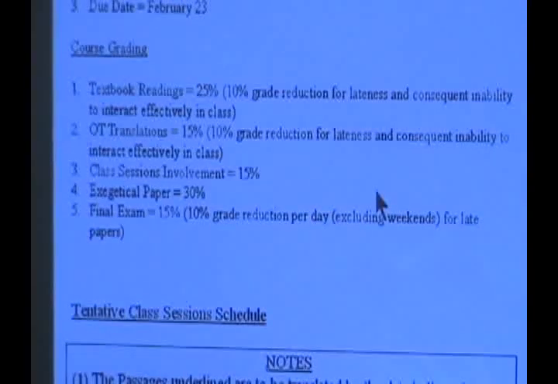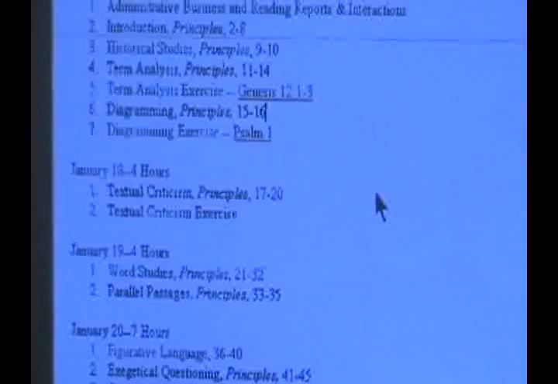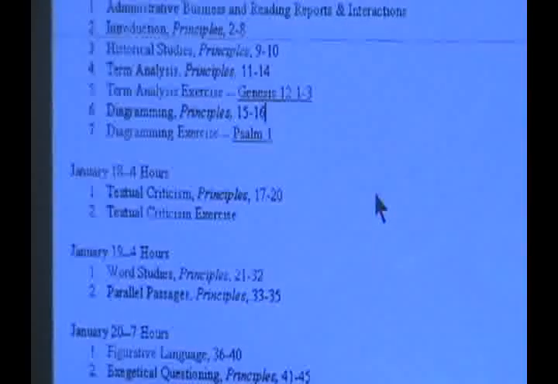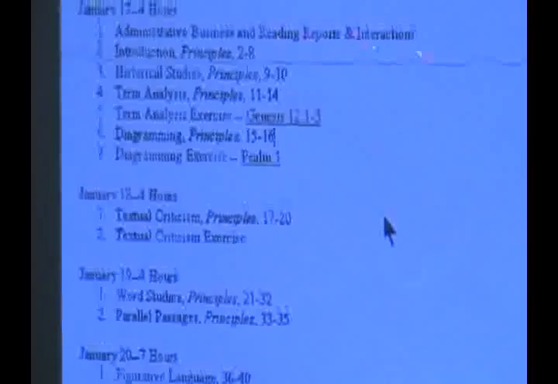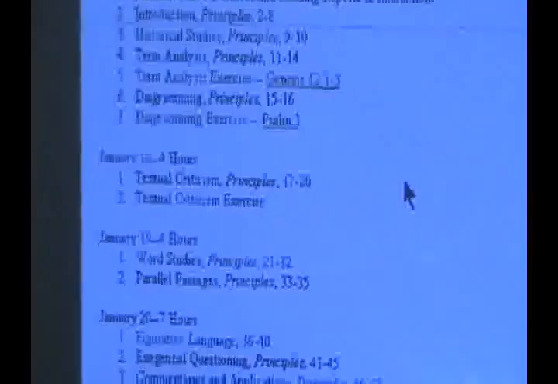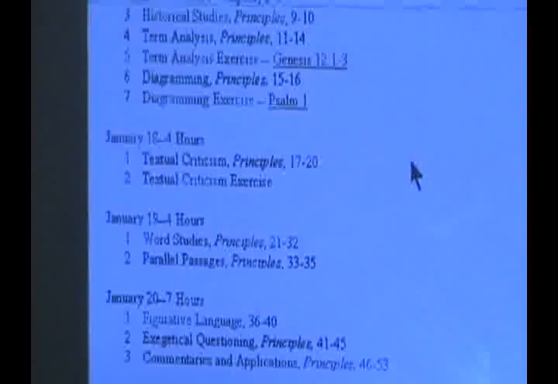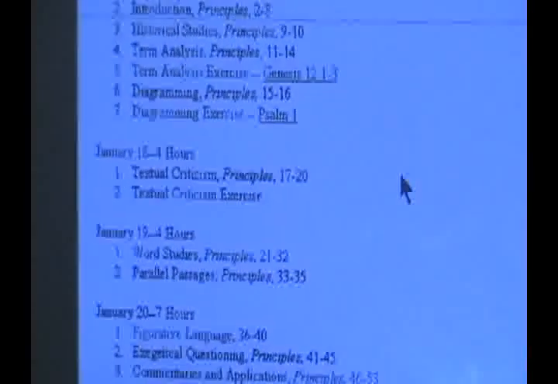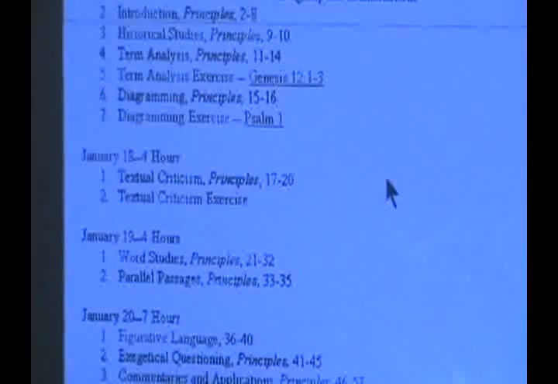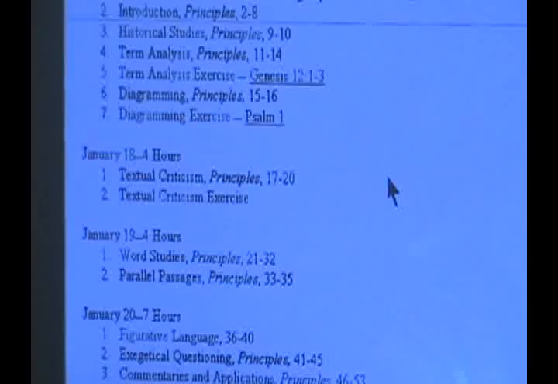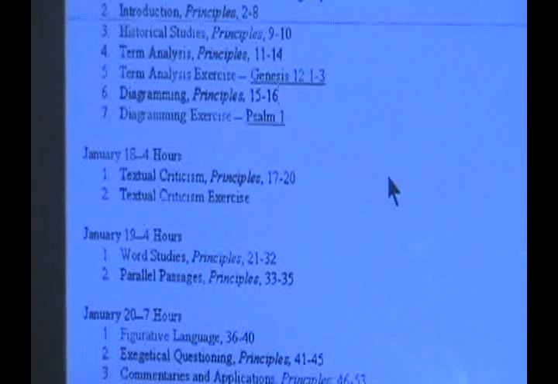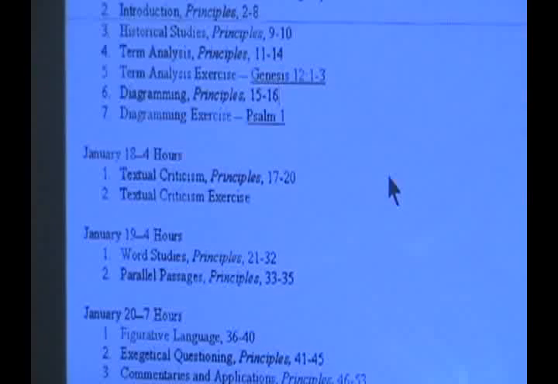Okay, so we've got a tentative schedule. Now you'll notice that I have your administrative reading reports and interaction. I'll ask you about the reading, but I was thinking at first that's just too much reading to interact with at one point, because we'll interact for an hour and it'll be done, and you'll forget what we interacted with and what you read.